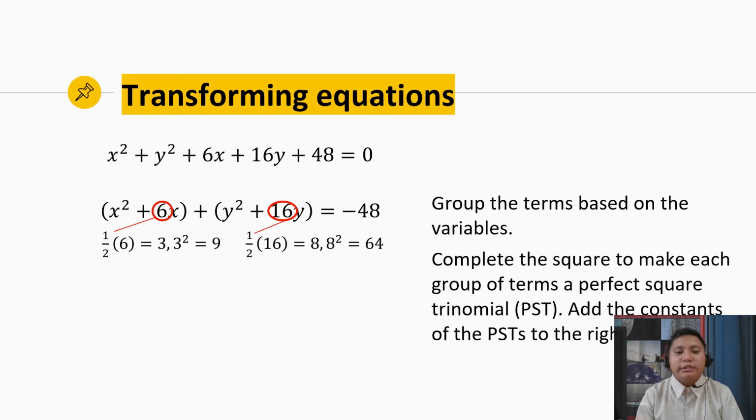We will get half of our b and square it. Half of 6 is 3 and 3 squared is 9. Half of 16 is 8 and 8 squared is 64.